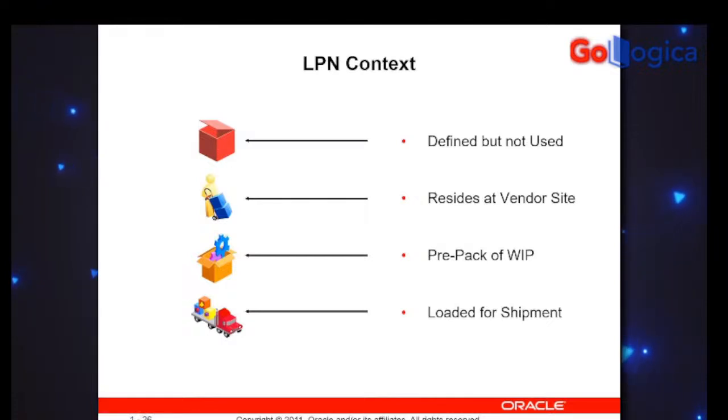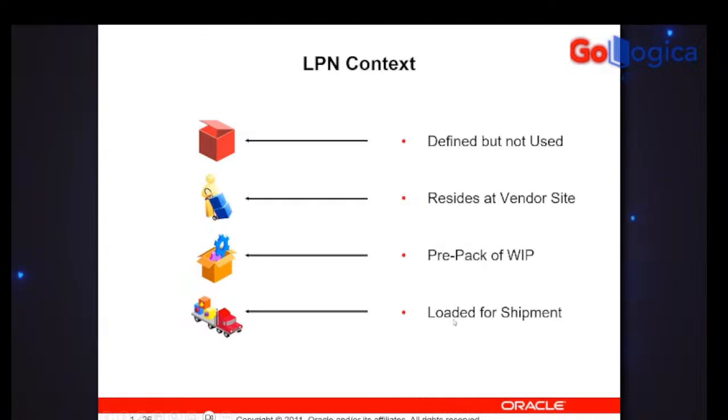So, as I said, suppose we are generating some of the LPNs and they have not been used as of now. They will reside with the status defined but not used. There may be some that are going through RTV, so they can reside at the vendor side. There can be some as pre-pack of WIP.